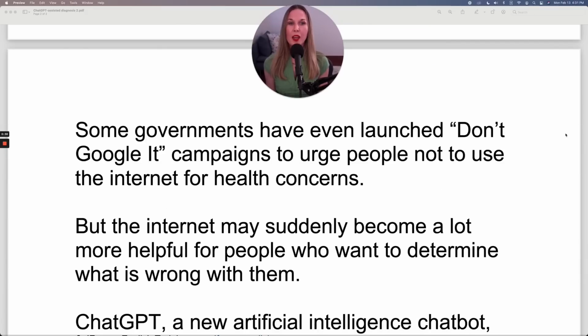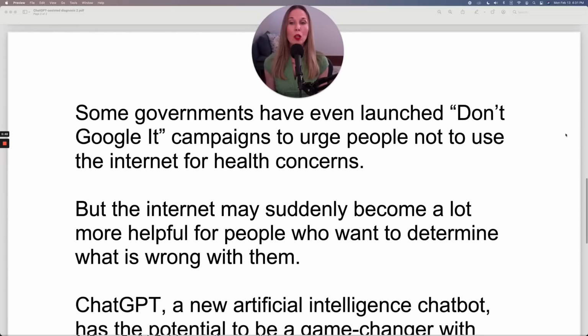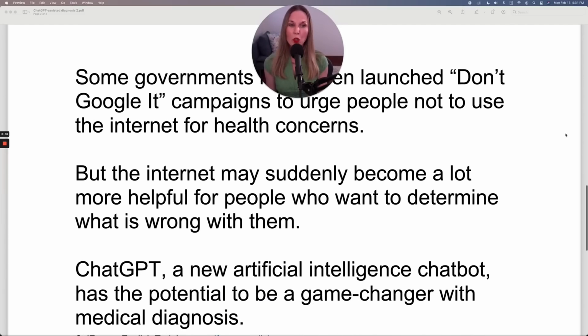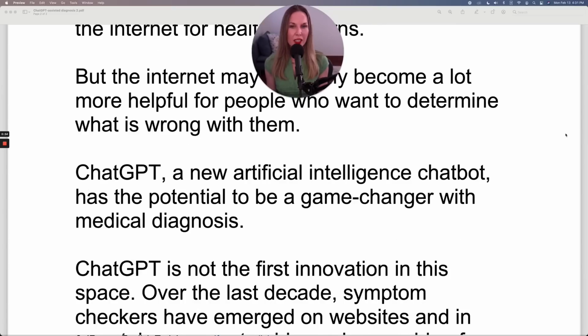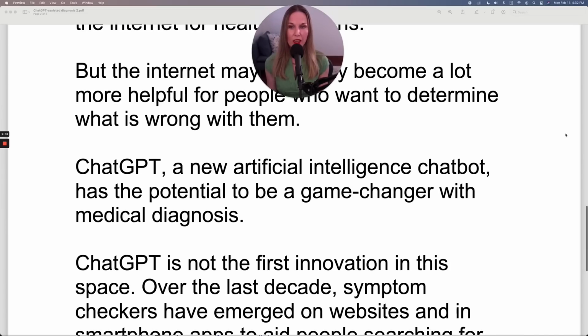Some governments have even launched "Don't Google It" campaigns to urge people not to use the internet for health concerns. But the internet may suddenly become a lot more helpful for people who want to determine what is wrong with them. ChatGPT, a new artificial intelligence chatbot, has the potential to be a game changer with medical diagnosis.